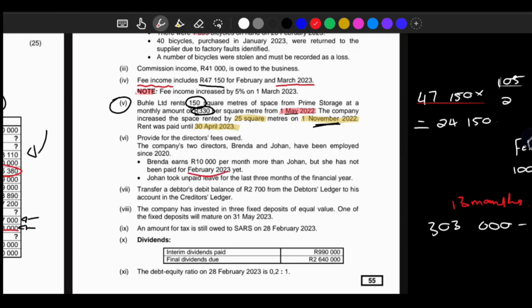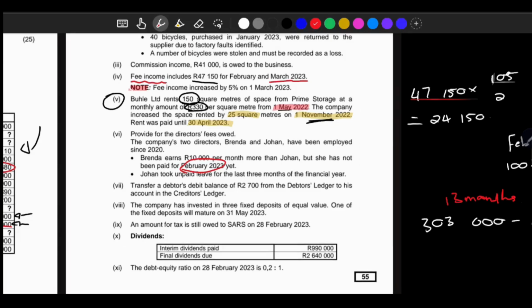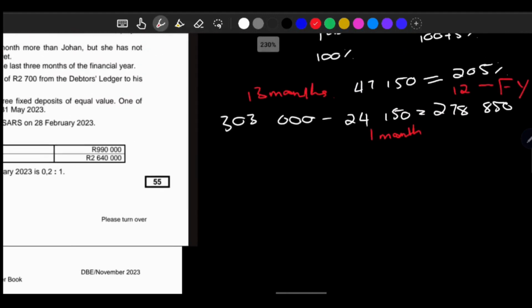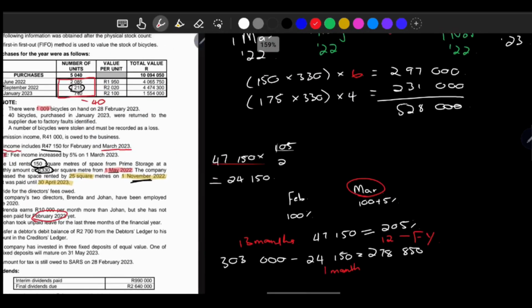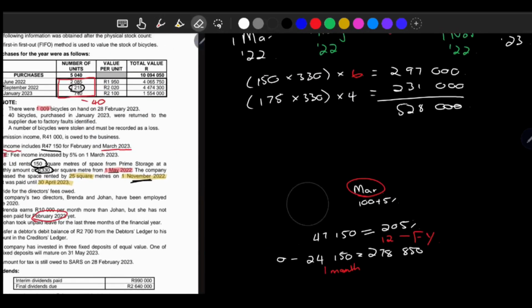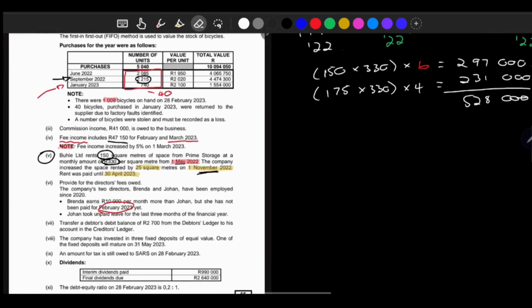Here they are asking us to account for Brenda's salary for February 2023, right? And then it says here Johan took unpaid leave for the last 3 months of the financial year, right? So we are going to draw this out. I'm just going to erase this. You can rewind and see what was written there.